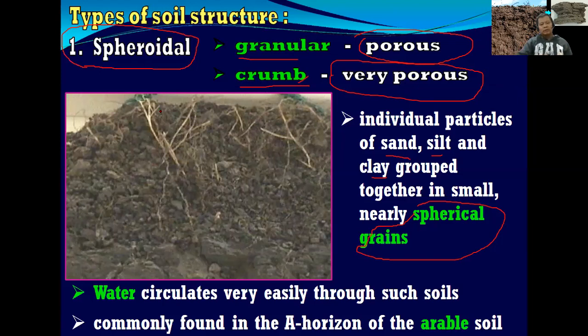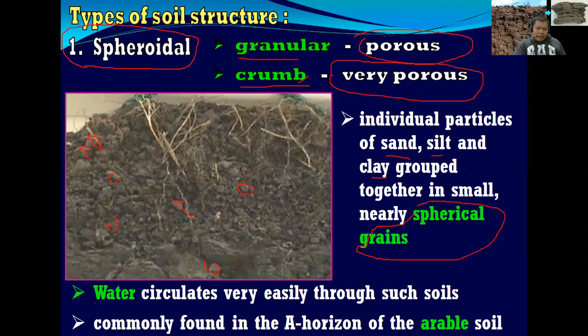This one is bilog na particle, that is spheroidal. This one is medyo bilog na konti, not perfectly na bilog. So medyo maliliit na mga may pagka-bilog-bilog. That is the spheroidal, granular, or crumb.